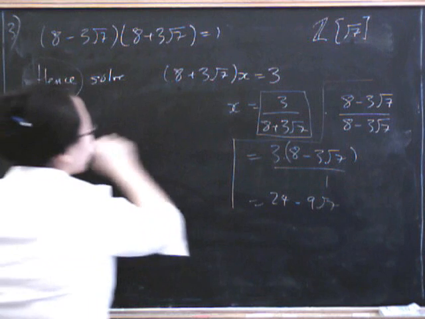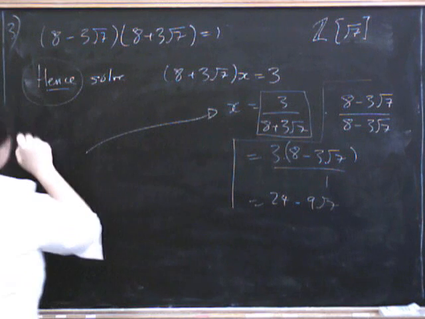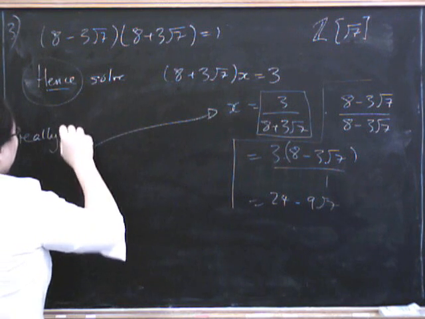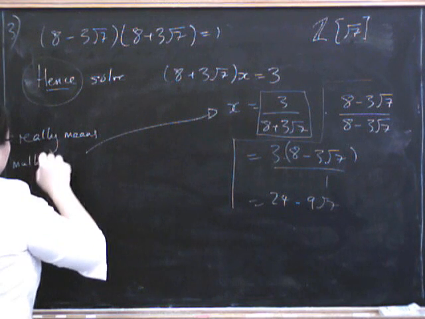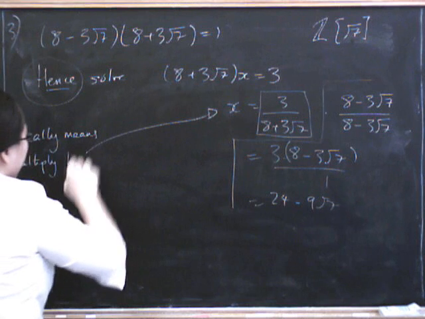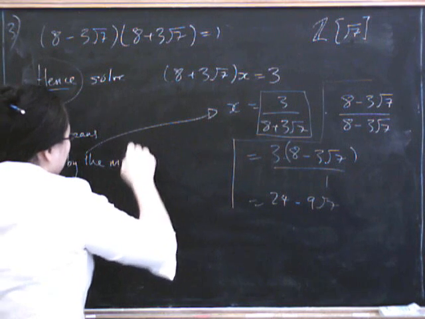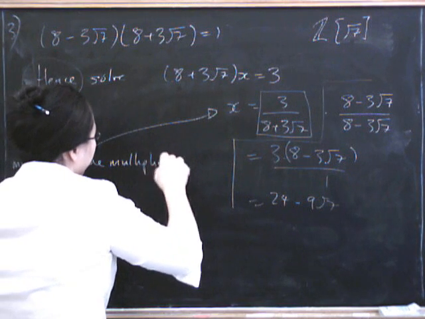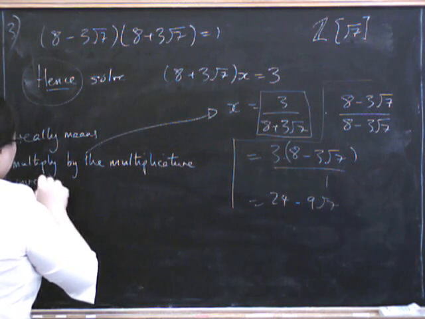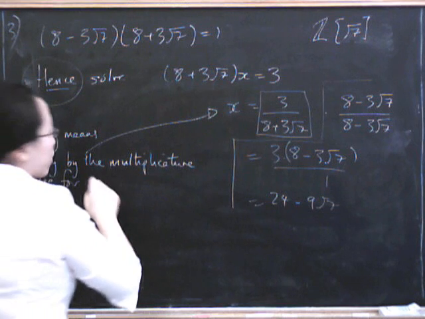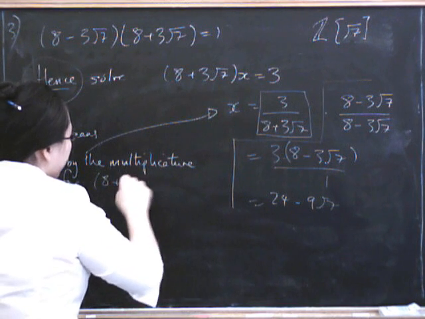So what this really means is multiply by the multiplicative inverse for 8 plus 3 root 7.